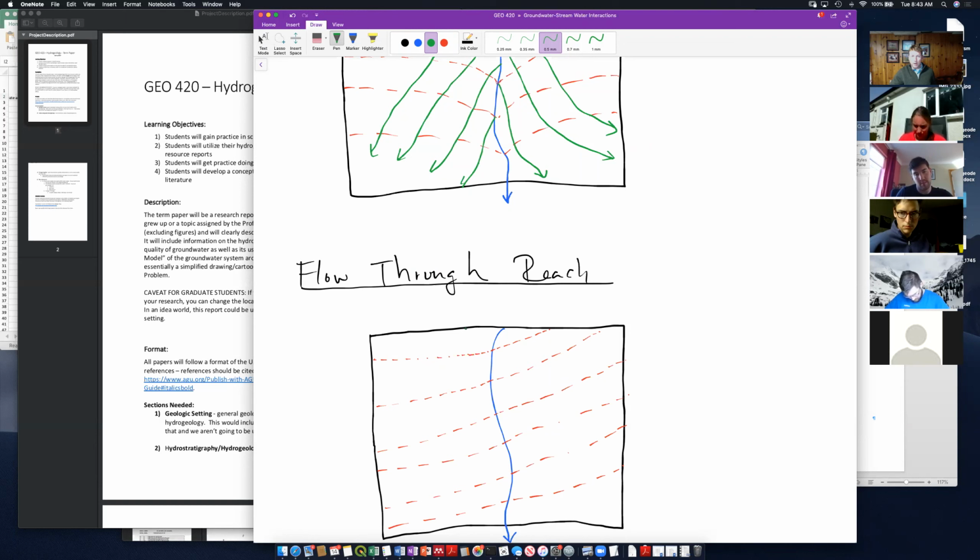And now if I do some flow paths here, they would come in on one side and they would leave on the other. Come in and leave.